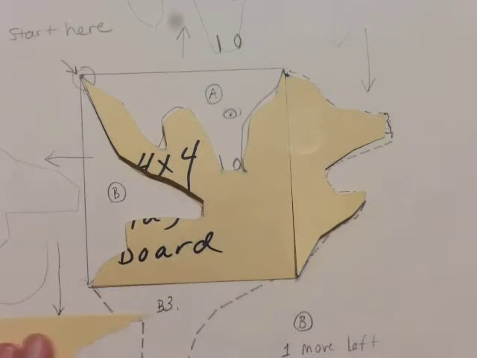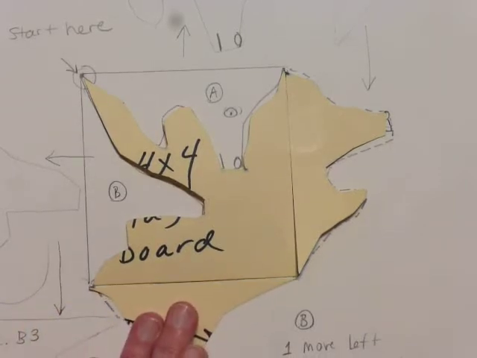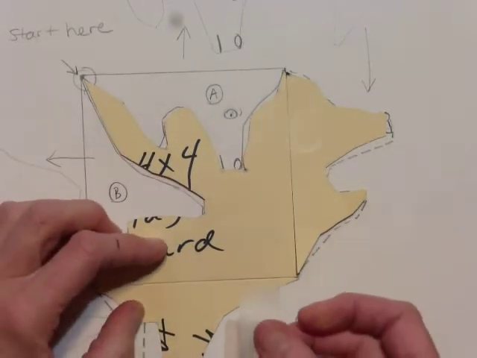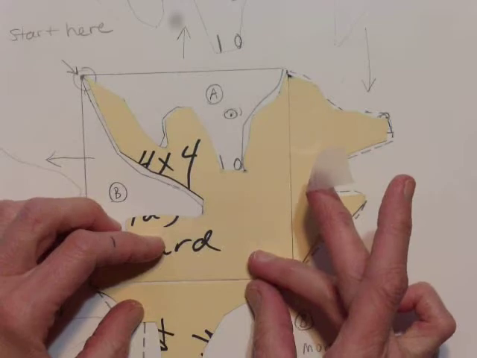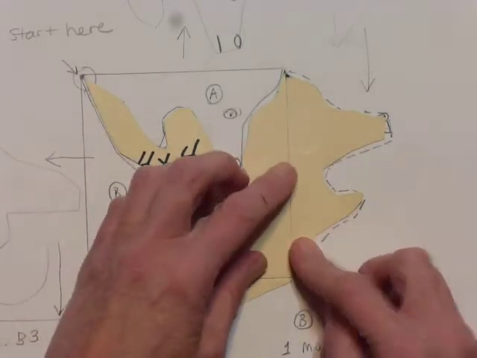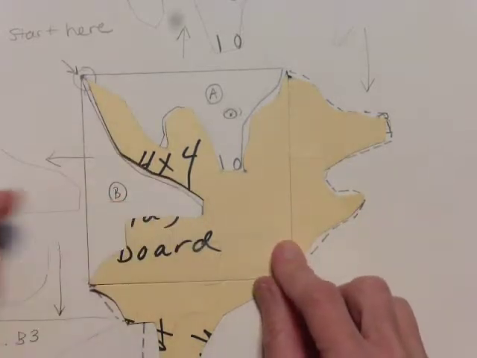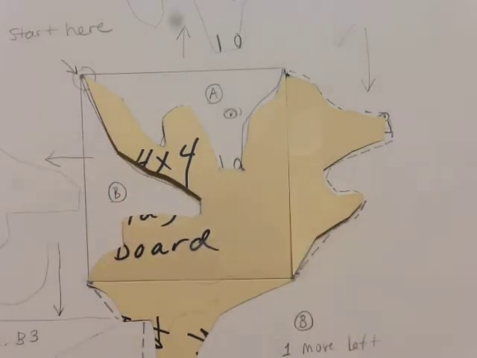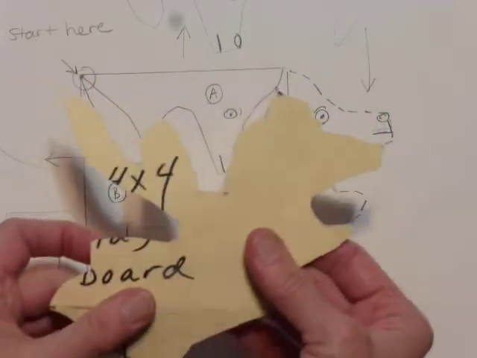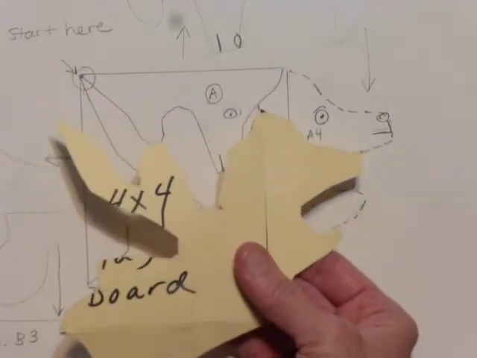And we're going to move it to the right. And we're going to tape it in place. So all the edges should line up. The corners should line up. All right. So we have our tessellation shape now.